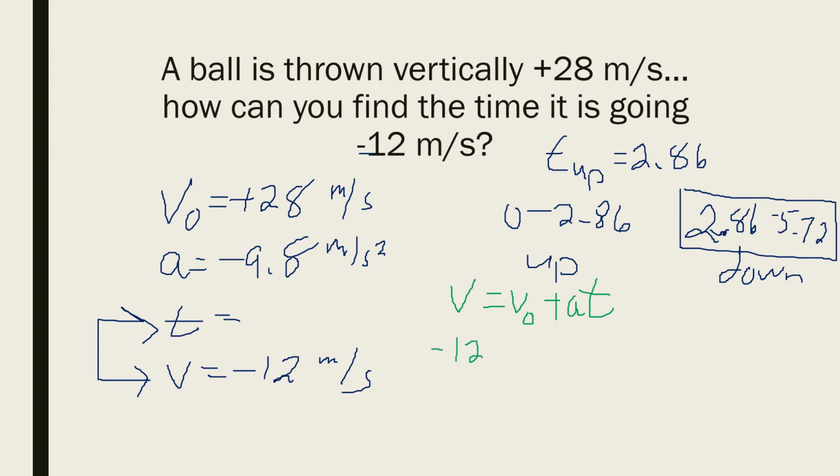Negative 12 equals 28 plus negative 9.8 T. Negative 28, negative 28.